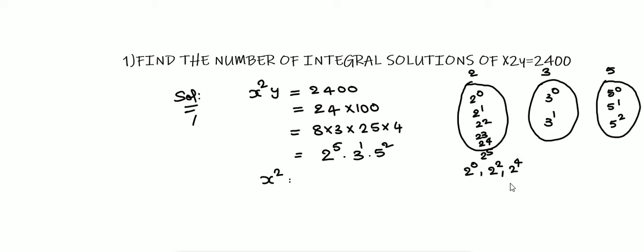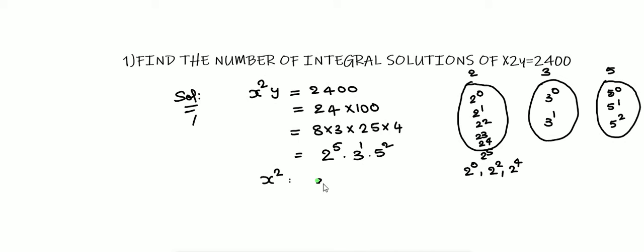So these are the possible values which can be assigned to x square. Suppose if I assign 2 power 1, it cannot match with x square, since the x will be irrational number root 2. So that's why we need to select perfect squares out of these 5 factors.